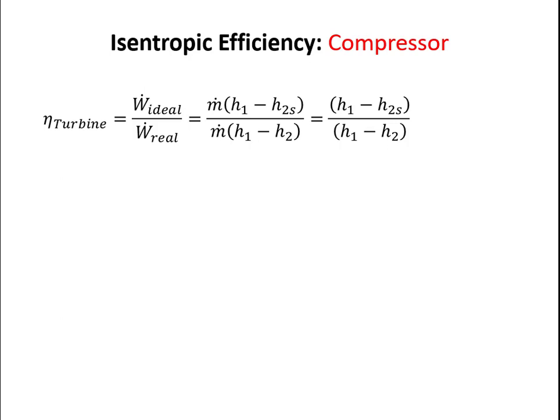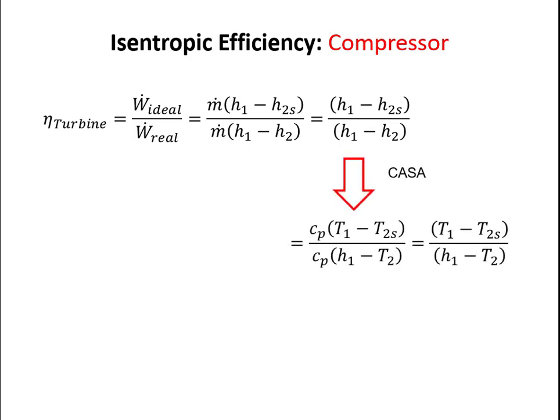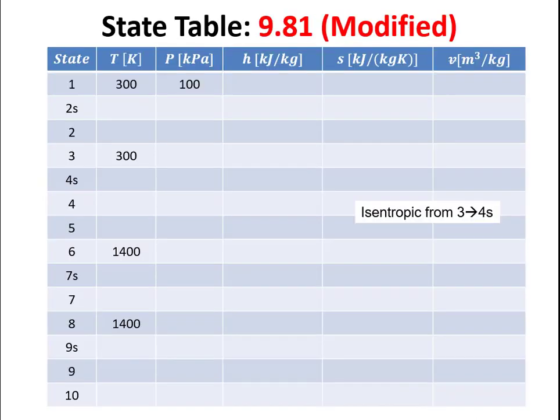I can get this as an expression of my specific enthalpies, or if I'm using cold air standard analysis, then I can factor out the Cp's and get this as a function of my temperatures. And at this point, because I've already fixed the isentropic outlet of the first compressor, the only thing I don't know in this problem is either H2, if I'm doing variable specific heat, or T2, if I'm doing constant specific heat.